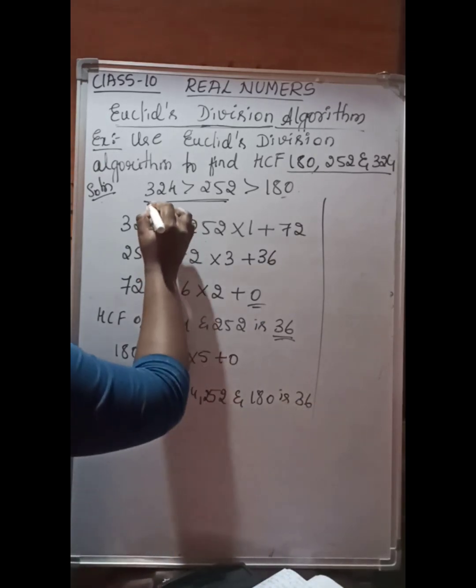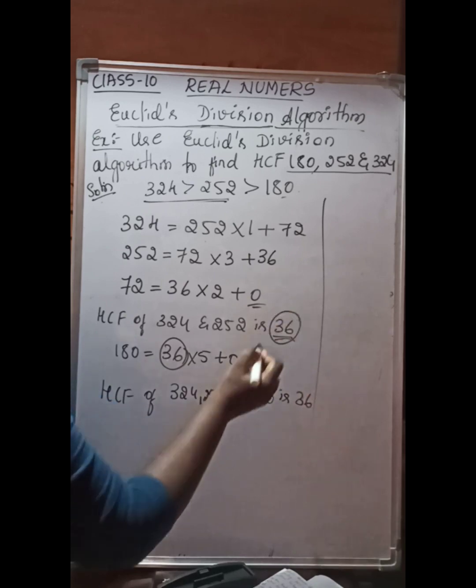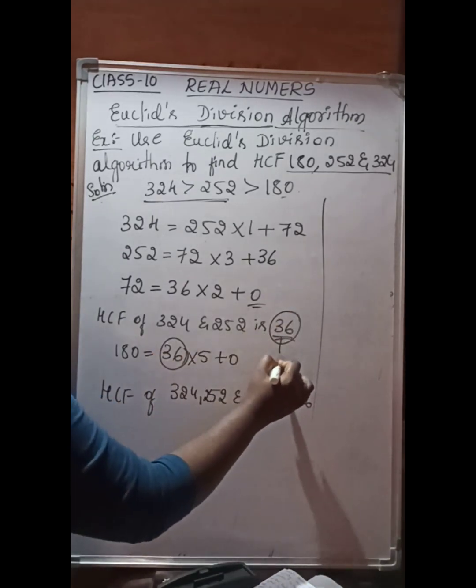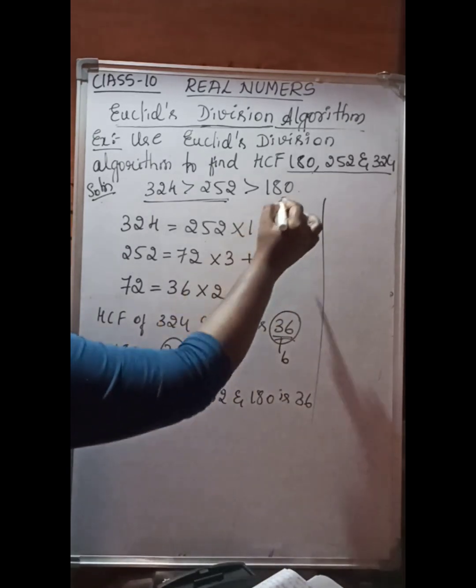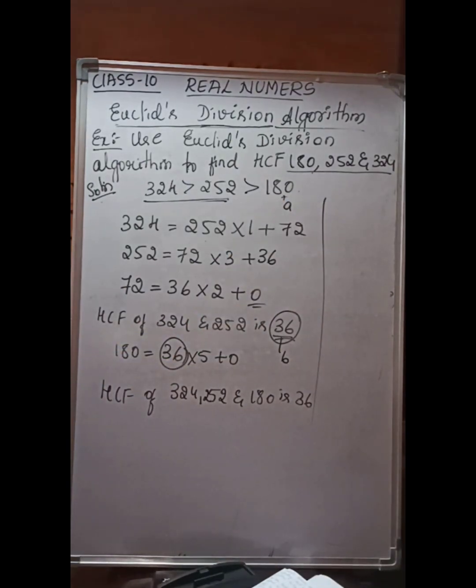First you should consider the two greatest numbers and calculate the HCF. Then consider that number as B and the leftover number as A, and then calculate, and you will get the HCF of all three numbers.